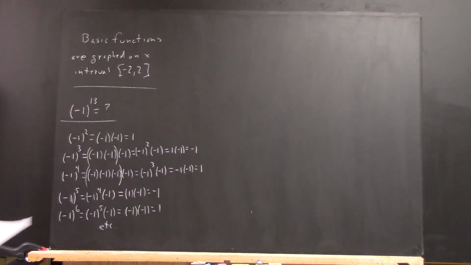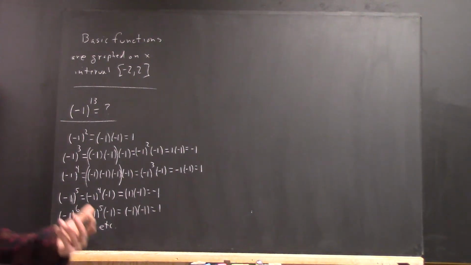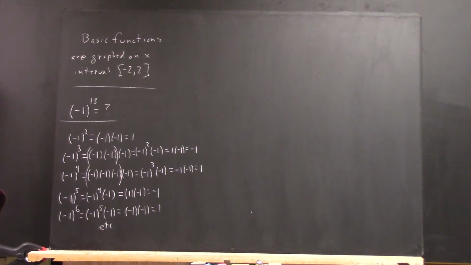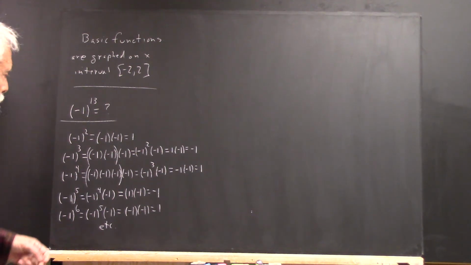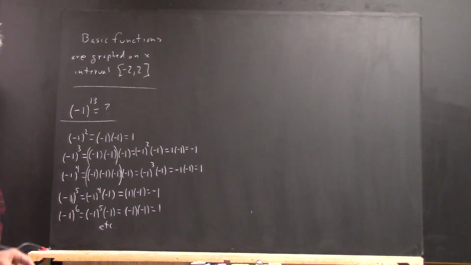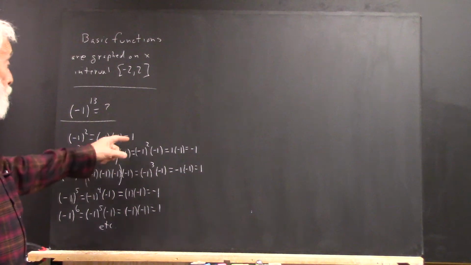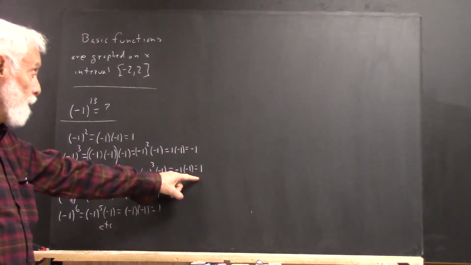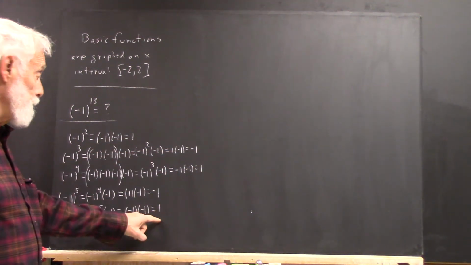etc. Now, what's going to happen when we get down to -1 to the 13th? It's -1 to the 12th times -1, right? Well, it might be obvious what the pattern is, but let's look at it. We have the 2nd, 3rd, 4th, 5th, and 6th powers of -1. 2nd power is 1, 3rd power is -1, 4th power is 1, 5th power is -1, 6th power is 1.